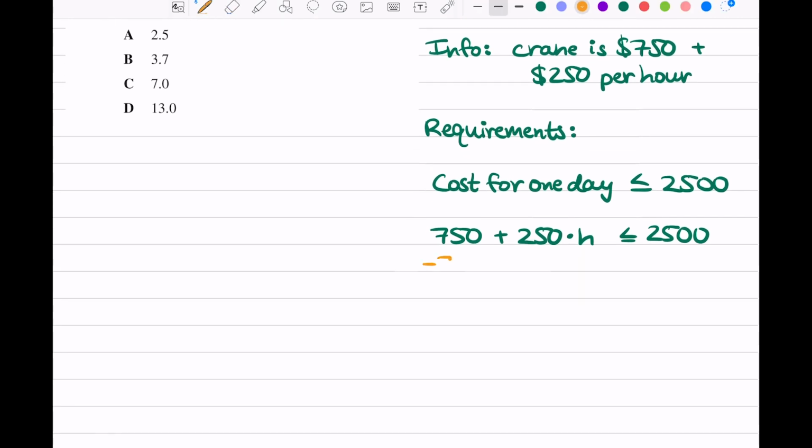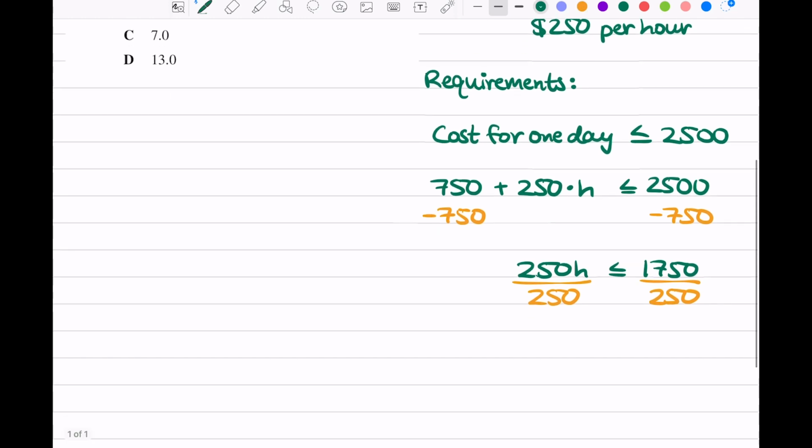So we'll start by subtracting 750 from both sides. That leads to 250H is less than or equal to, and you can use your calculator here, 1750. Dividing by 250 on both sides, we get H is less than or equal to 7.